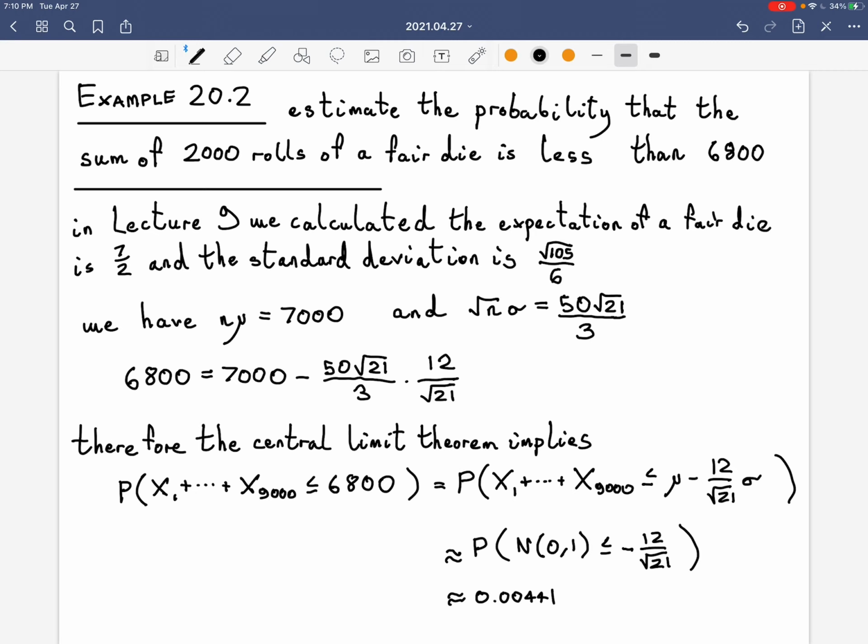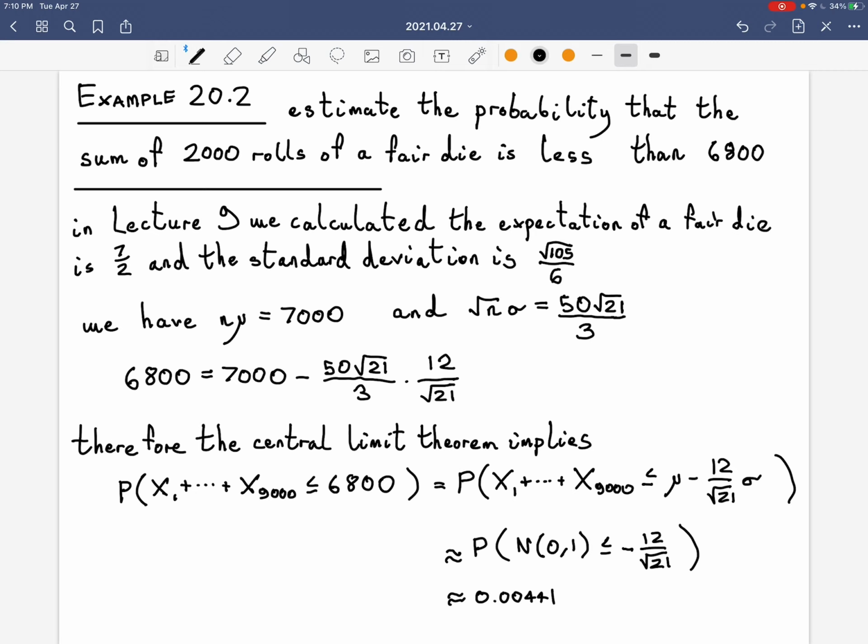And even if you know that it's supposed to be exactly 7,000, it's pretty hard to figure out that this deviation of 200 from a 7,000 mean already crushes the probability down to 0.00441.